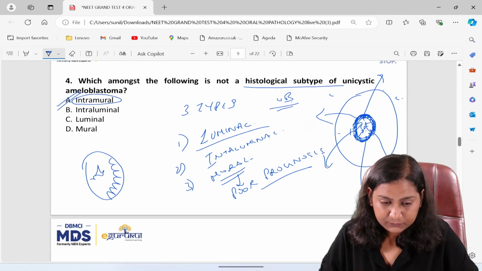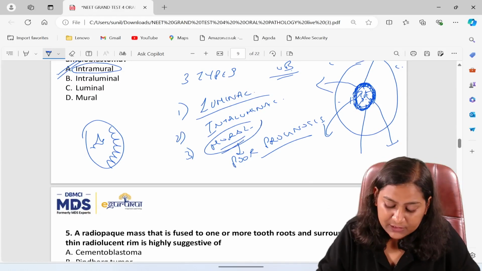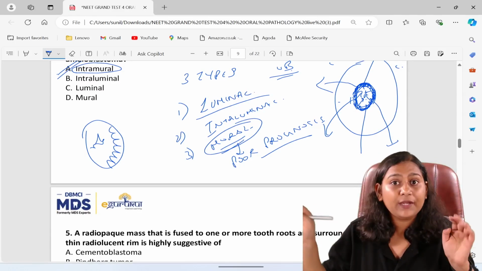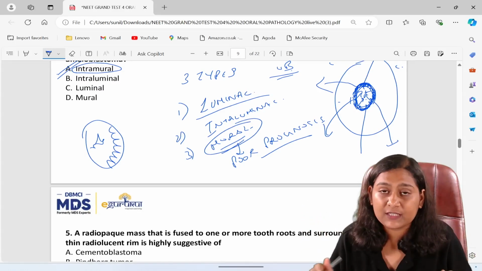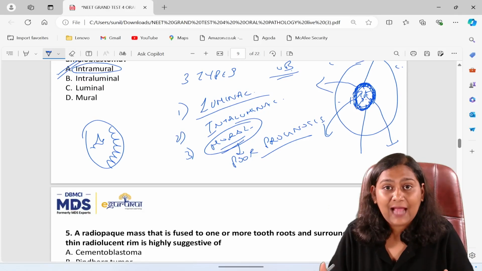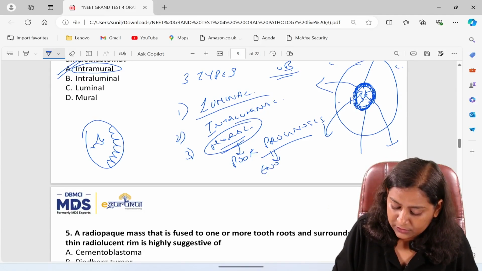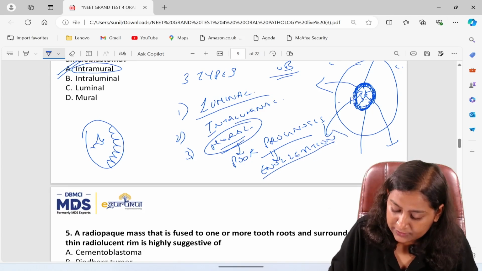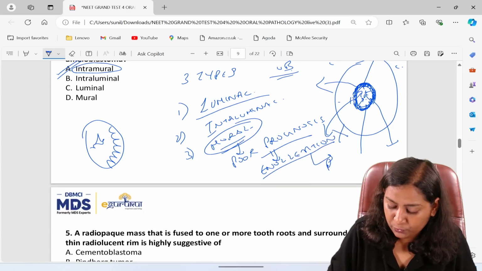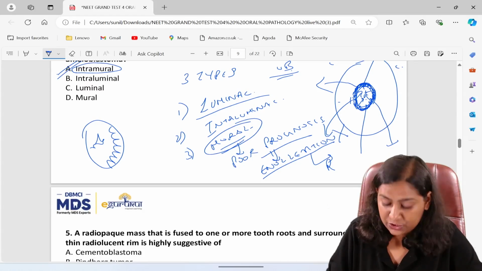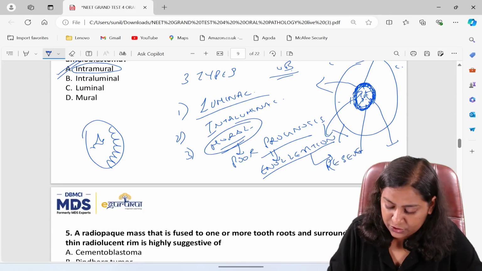Okay. Now, what happens whenever there is a mural ameloblastoma? Since it is going into the connective tissue, it is invading, it has a very poor prognosis, and simple enucleation is not helpful. What do we have to do? We have to do resection, complete resection.